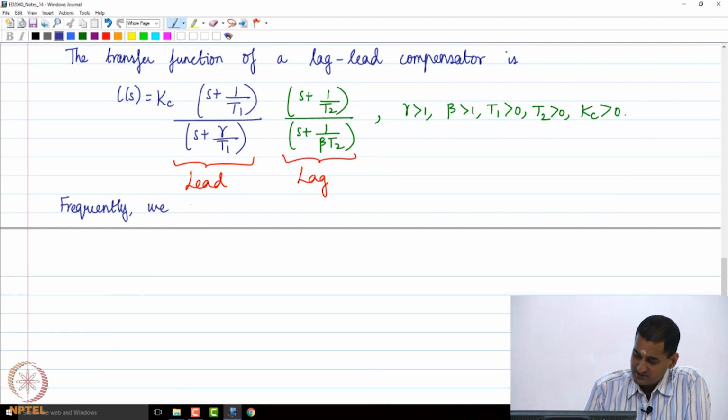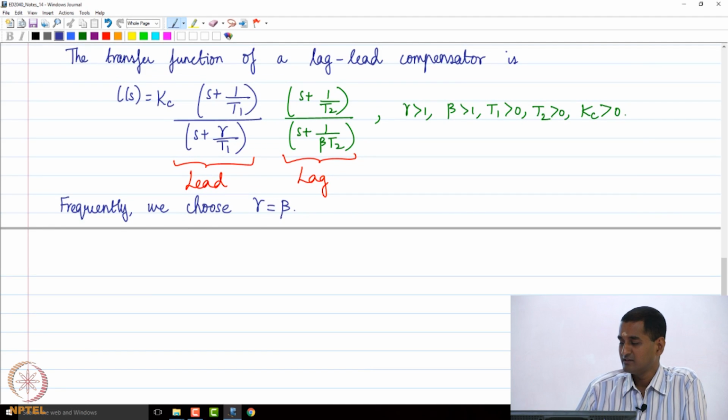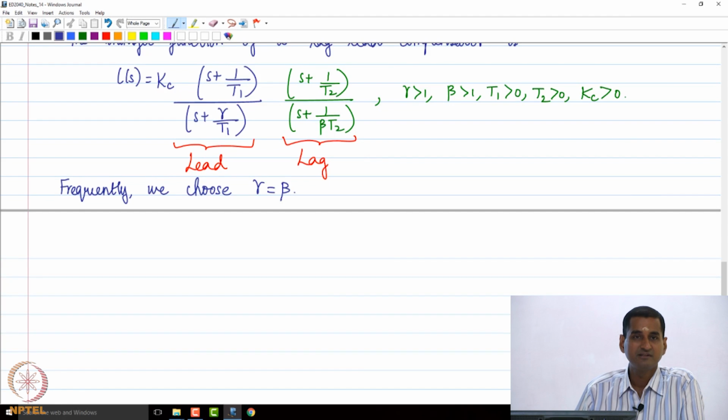Frequently we choose gamma to be equal to beta. That is a typical design choice, so the values of gamma and beta are chosen to be the same.